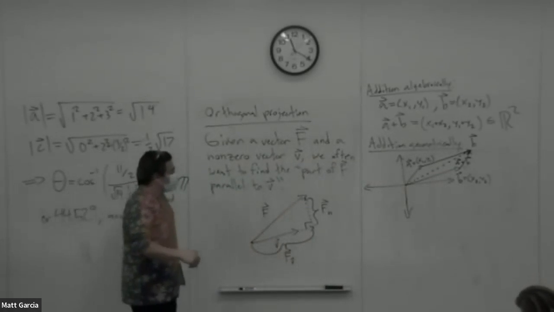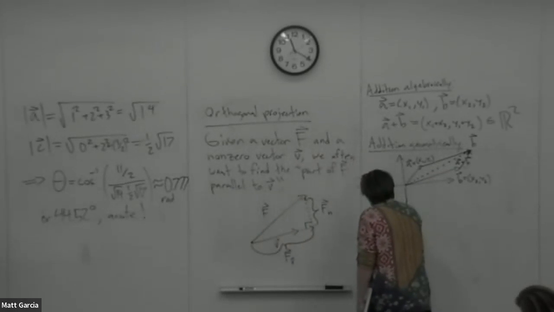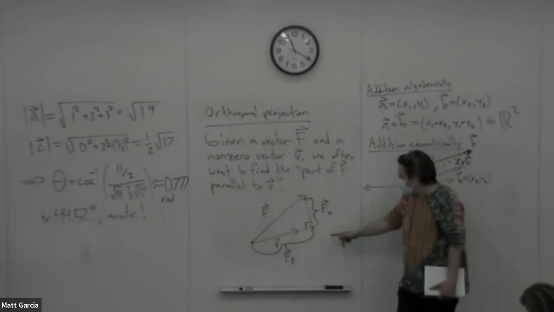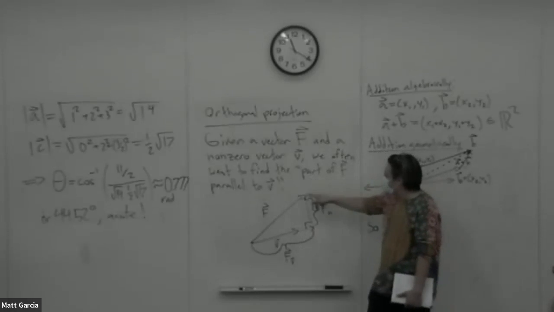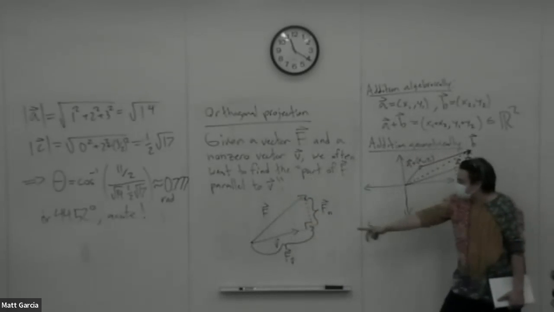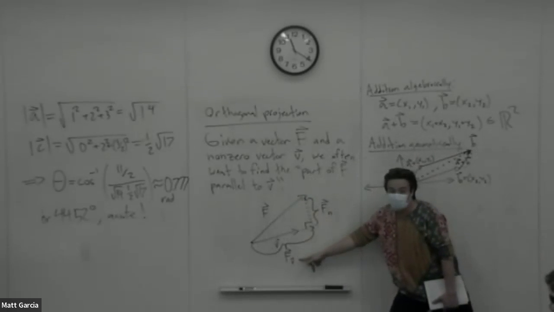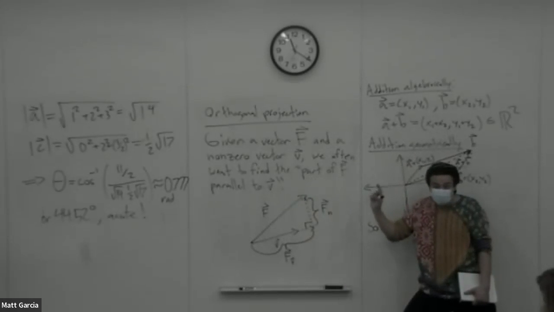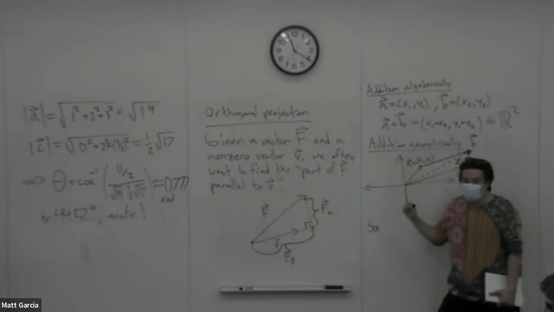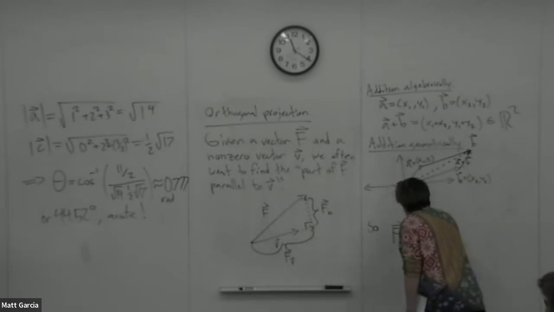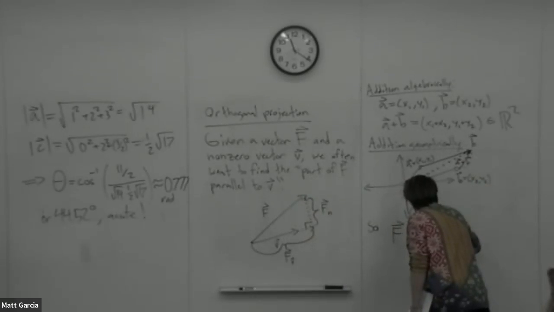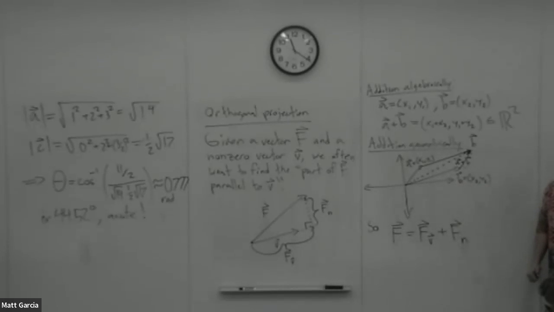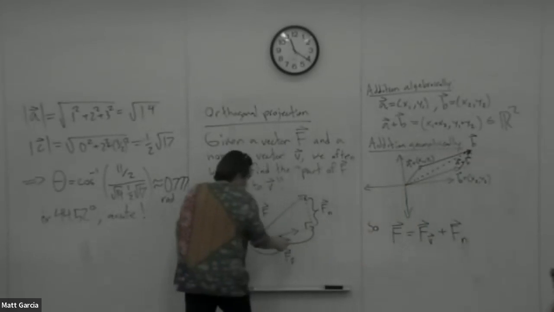So, all that being said, in our orthogonal projection picture, when I say the part of F parallel to B, what I mean is that we're decomposing the vector F as a sum of F hat sub B hat and F hat sub N. Okay, when I say the part, I mean it's a summand that adds up to F. So we have F hat is equal to F hat sub B hat plus F hat sub N. That's exactly what we've done here, right?